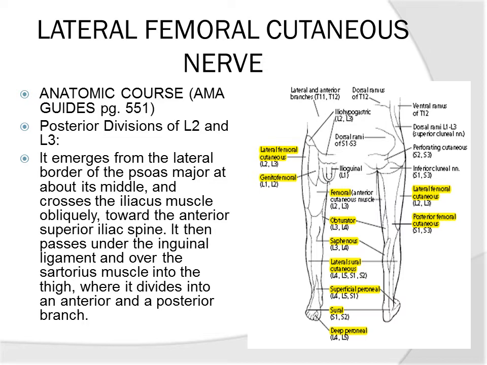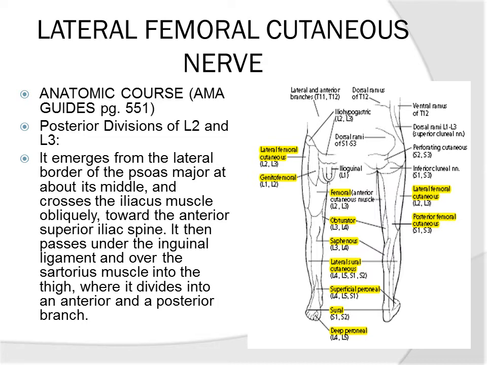So imagine that you're looking straight on to the pelvis of a muscled skeleton model. Picture the psoas muscle descending down on both sides of the spine. Well, at the lateral border, at about the midpoint of the psoas, somewhere around the level of L3 to L4, the lateral femoral cutaneous nerve peeks out from the side of the psoas muscle.